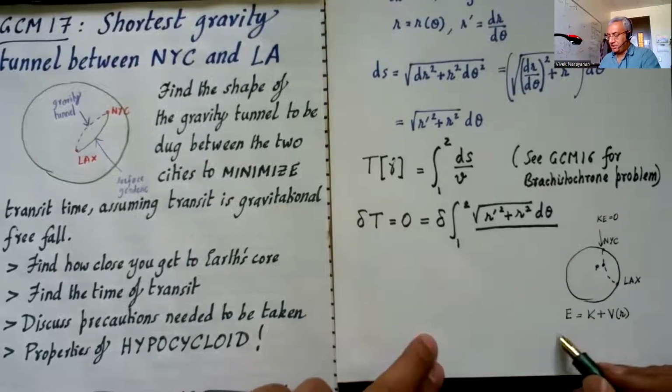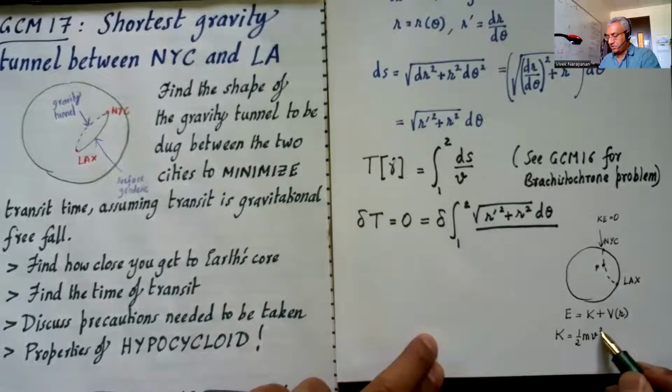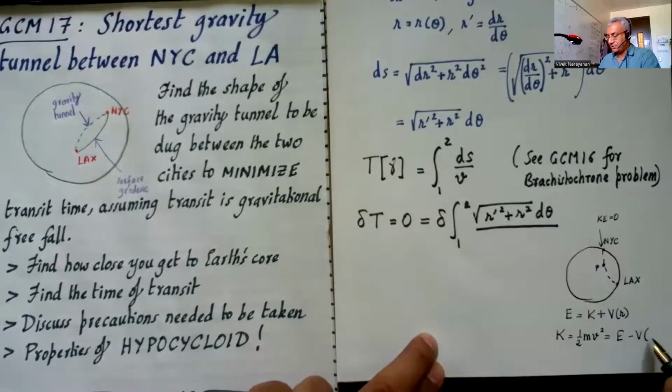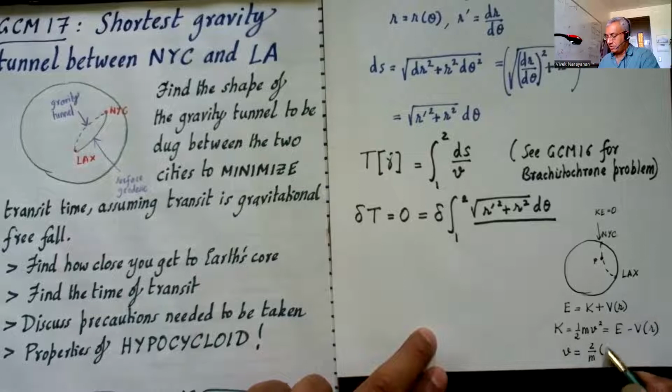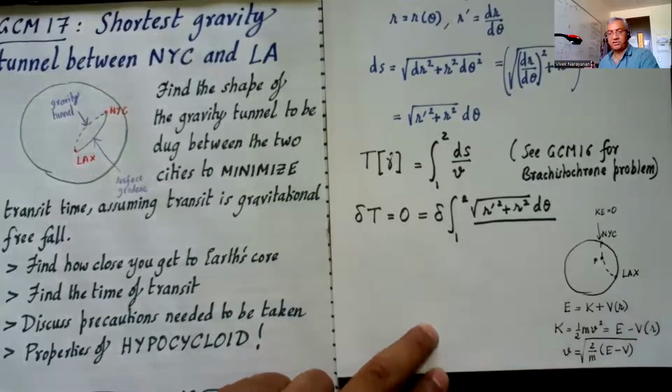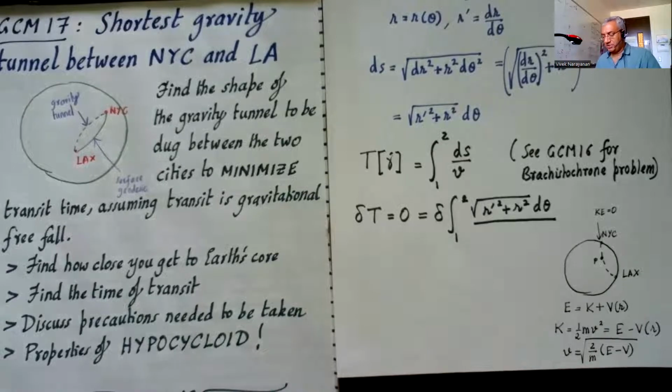Therefore, the kinetic energy, which is 1/2 mv squared, is just going to be E minus V of r. Now I can solve for the velocity. Velocity is just going to be the square root of 2 over m times E minus V of r. I'll just write it as the square root of E minus V. That's going to be our velocity in the denominator.